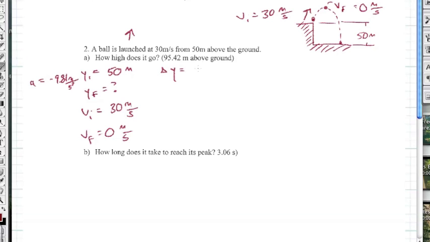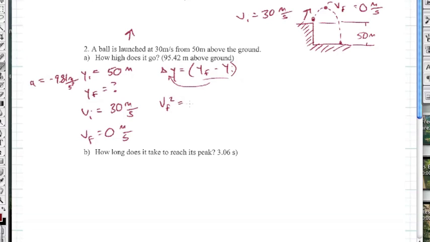Because our change in y is our y final minus our y initial. So let's substitute this in if we have an equation that has our delta y in it, because ultimately we want to solve for our y final right here.